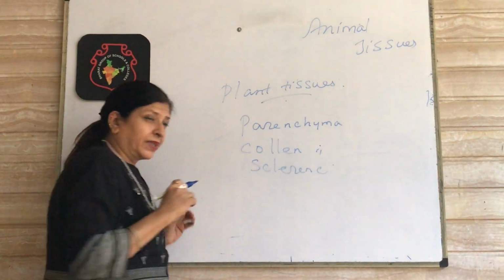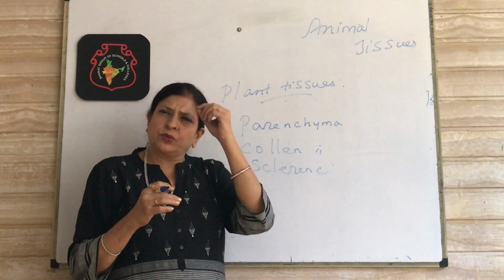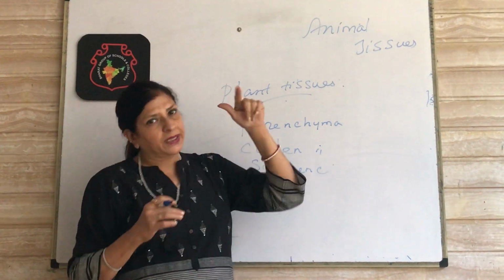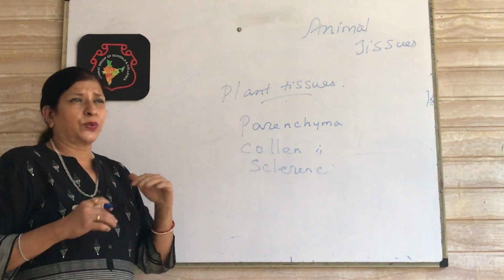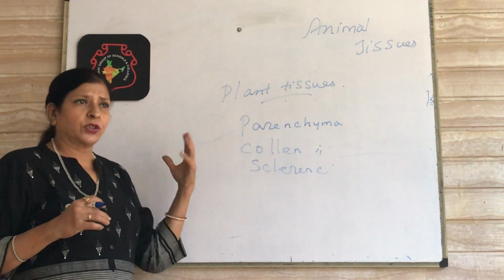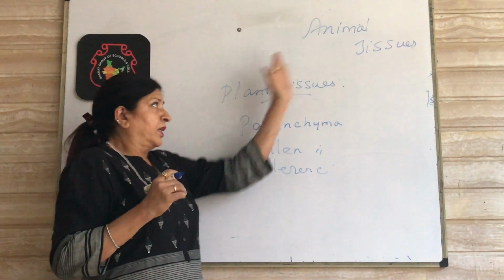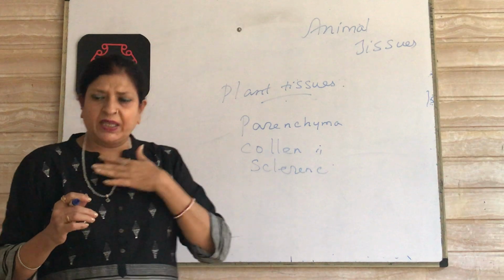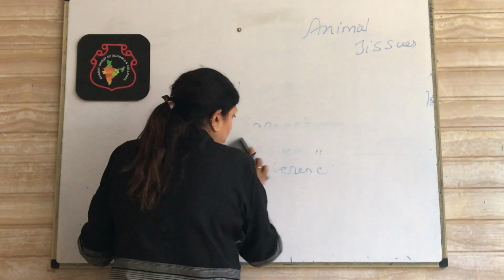See, I don't want to directly jump into animal tissues. Let me talk 2-3 words about plant tissues and then go to animal tissues. I'm sure in your lower classes you would have heard of sclerenchymatous tissue, collenchymatous tissue, parenchymatous tissue. Similarly, we animals, we are also having tissues.